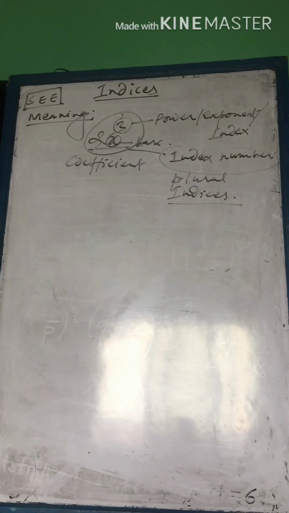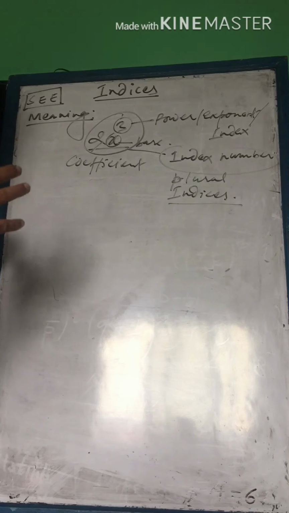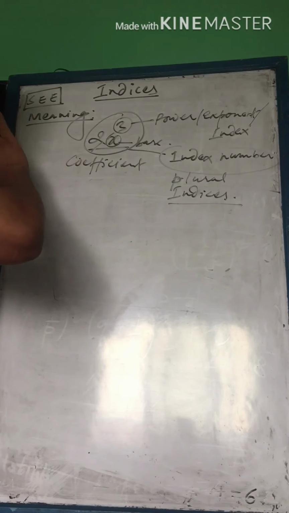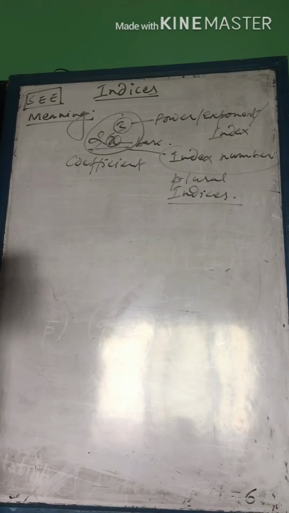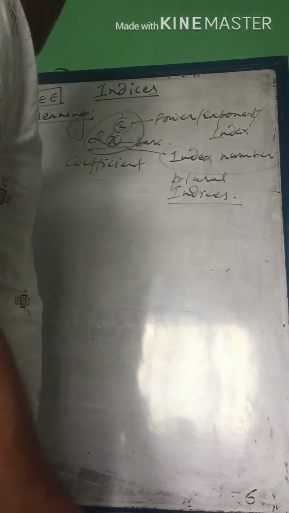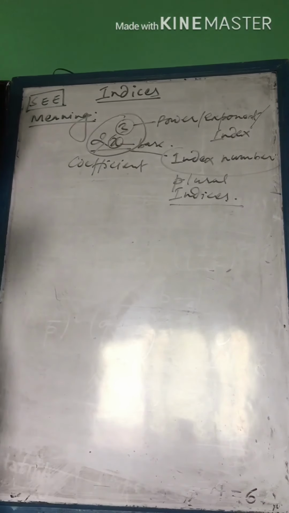Here we will learn how to operate these indices, or how to simplify the indices. There are some verified rules or laws which are used for operating and simplifying the indices, which are also known as laws of indices.